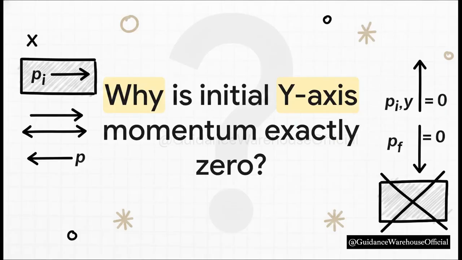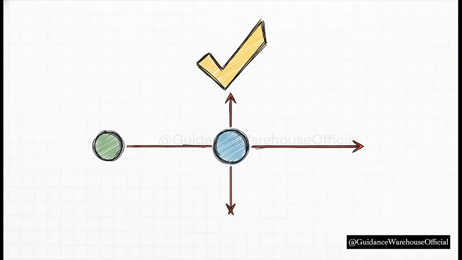Okay, wait, this is super important. Here's a question I hear all the time from students. If the x-axis has an initial momentum value, why is the initial momentum for the y-axis exactly 0 before the crash? Well, the answer is, we rigged it. We specifically aligned our coordinate system earlier, so the first object moves perfectly flat along that x-axis. It has exactly 0 vertical up and down movement. And the second object is just sitting there.